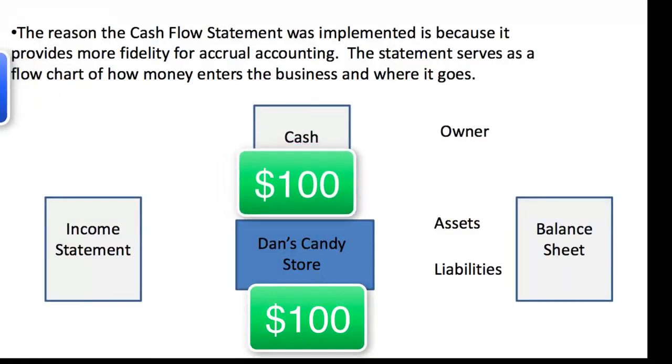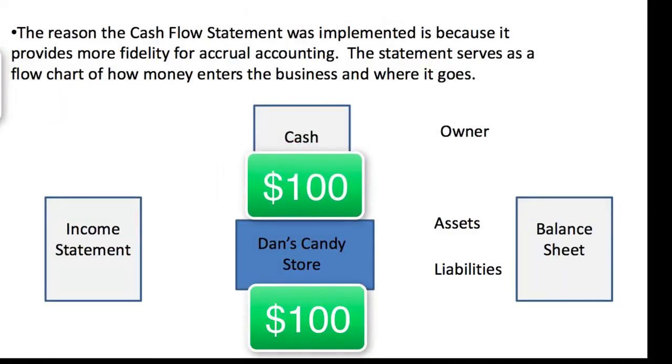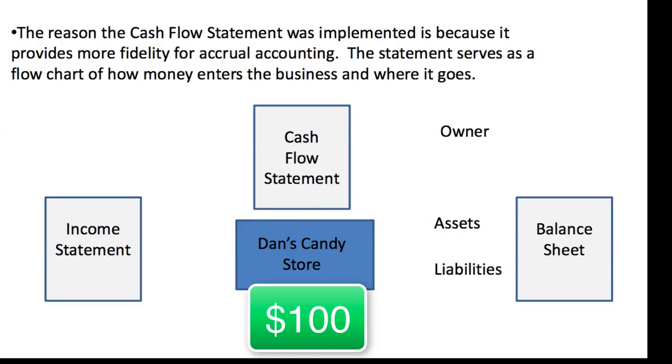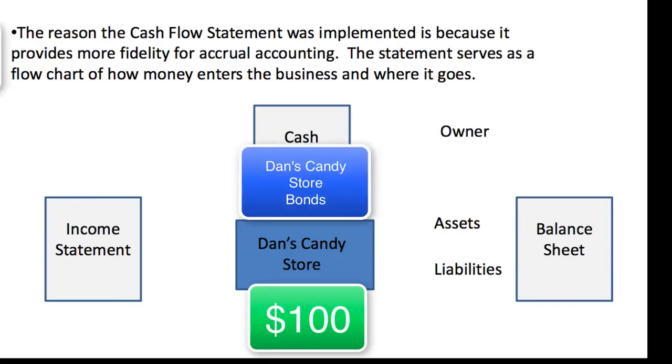Well, when he sells those shares, that's going to bring additional funds and cash into his business. So instead of just making $100 from the candy that he sells, he might make another $100 just through the sale of his stock. Another way Dan can raise money is he can issue bonds.